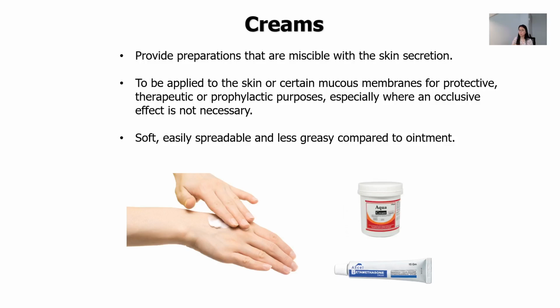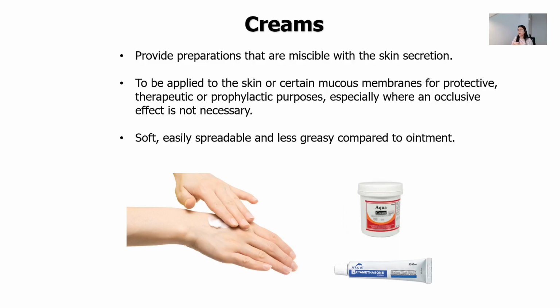When we apply them, they are much more easily absorbed into the skin. Therapeutic means to treat a skin condition, maybe an infection. Prophylactic means prevention. For example, when we want to go to the beach, we need to apply sunscreen, right? Sunscreen as a cream is for prophylactic purposes, as a prevention.